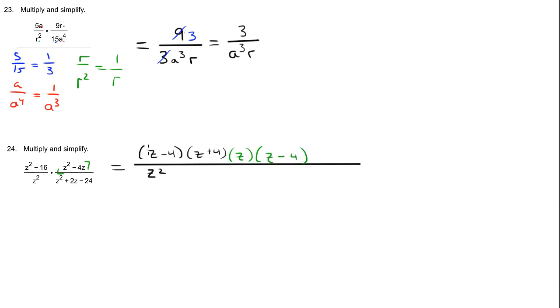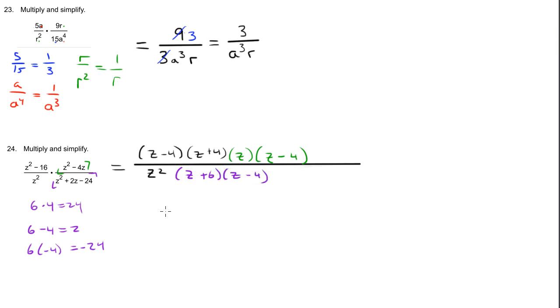And then this denominator right here, z squared plus 2z minus 24. 6 times 4 is 24, and 6 minus 4 is 2, so 6 times a negative 4 is a negative 24. Okay, so z plus 6 times z minus 4.